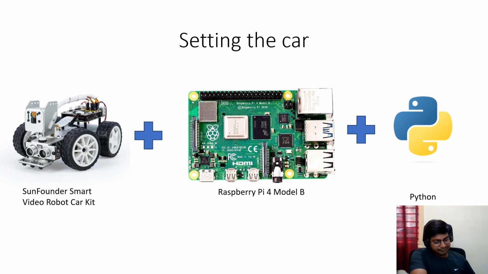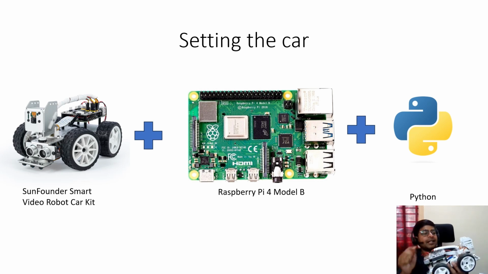I will show you the car. So this is the car. It looks like it is in the assembled phase; I assembled it using their tutorial. As you can see, it has rear wheel drive with two motors.